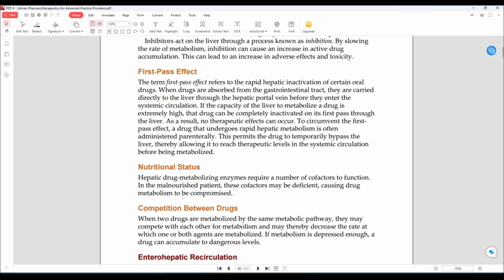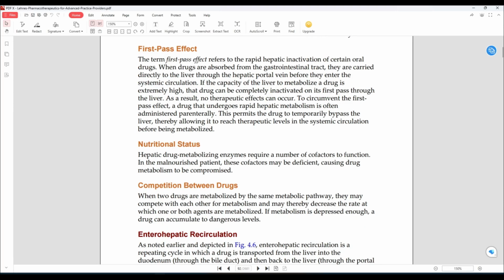The first pass effect. The term first pass effect refers to the rapid hepatic inactivation of certain oral drugs. When drugs are absorbed from the gastrointestinal tract, they are carried directly to the liver through the hepatic portal vein before they enter the systemic circulation. If the capacity of the liver to metabolize a drug is extremely high, the drug can be completely inactivated on its first pass through the liver.